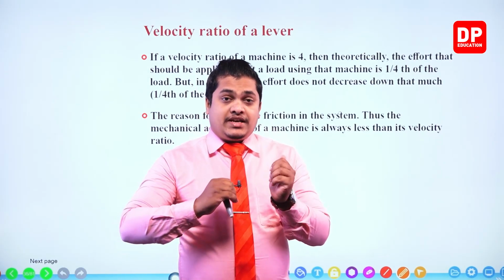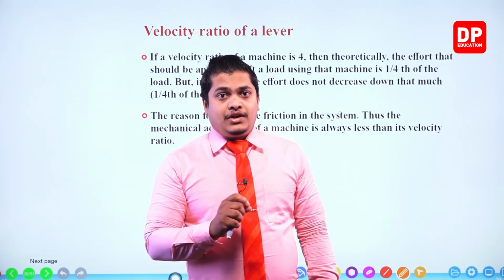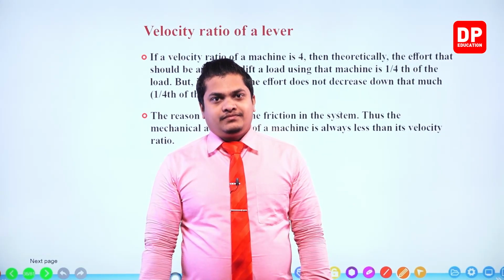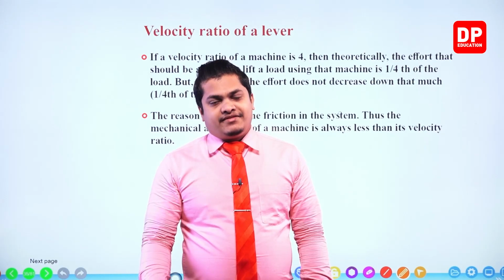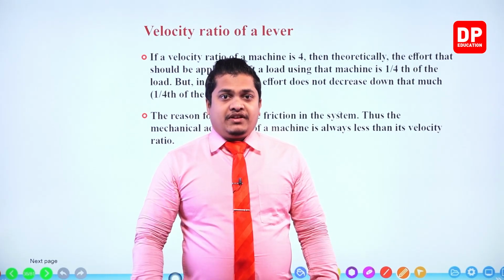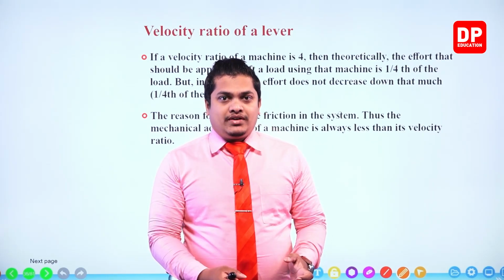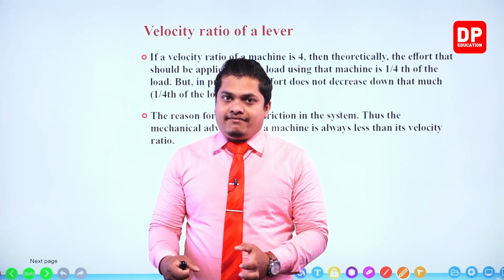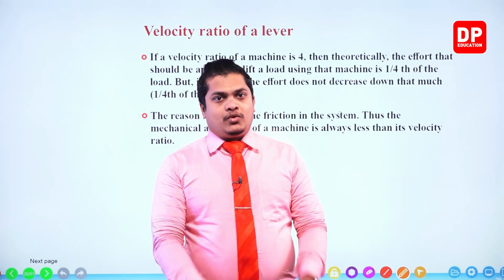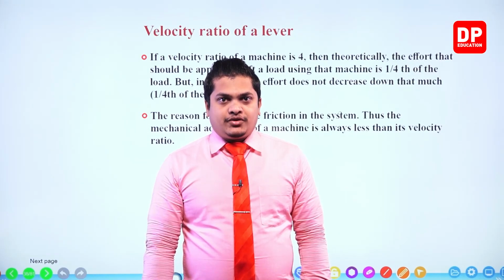So if the velocity ratio is 6, you need to apply 1/6 of the load as the effort to lift that particular load. If the velocity ratio is 10, then 1/10 of the load is applied as the effort to lift that load. This is what we mean by the velocity ratio.